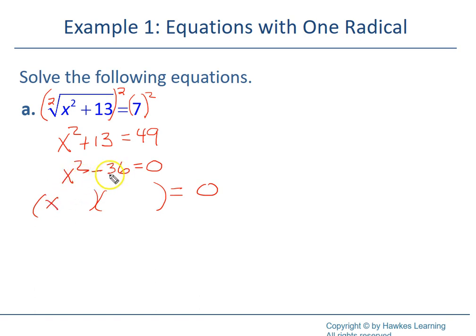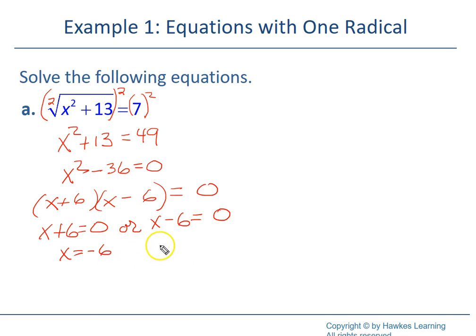Now this is the difference of perfect squares, so we'll factor into its conjugates. And then we equate each of these to 0. And we get here x equals a negative 6. Here x equals a positive 6.